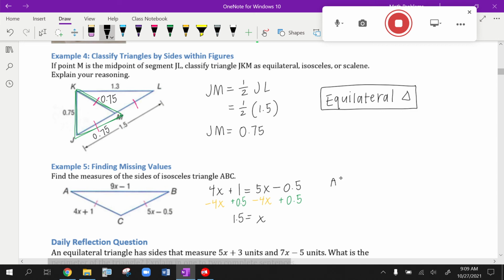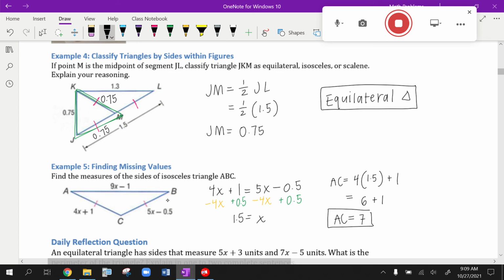I know that AC is equal to 4 times x plus 1. I know x is 1.5, so we can use substitution to plug in 1.5 for x. Now 4 times 1.5 gives me 6. 6 plus 1 is 7. So I know AC equals 7.